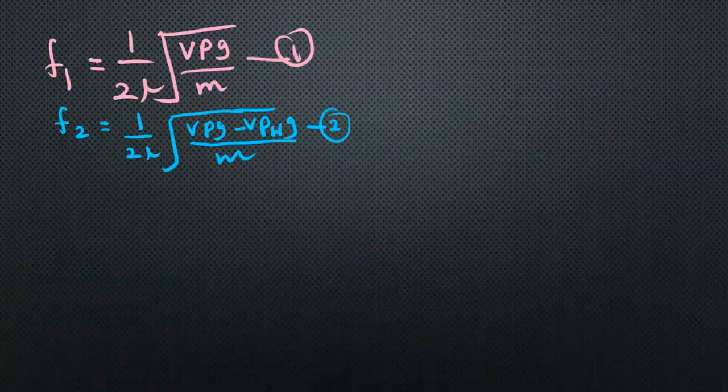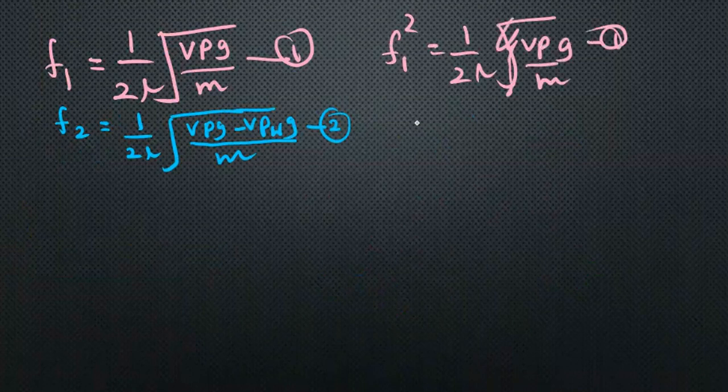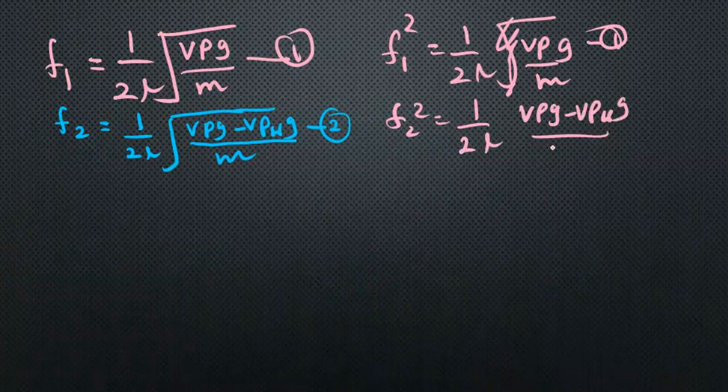Initially we had to remove this root value, so I'm going to square these values. I'm getting F1 squared equals 1 over 2L, V rho g divided by M, the first equation, and F2 squared equals 1 over 2L, V rho g minus V rho W g over M, the second.